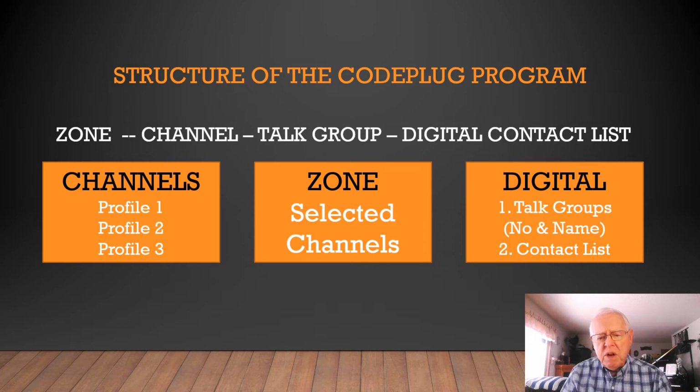There's also a contact list that is normally programmed within the code plug. And this contact list, as you take a look at it, would consist of the call letters and names of all of the different stations that have IDs. Some DMR radios, for instance, you can only put in a few of these total IDs, such as the MD390, which holds 1,000 of the IDs. However, there are over 200,000.